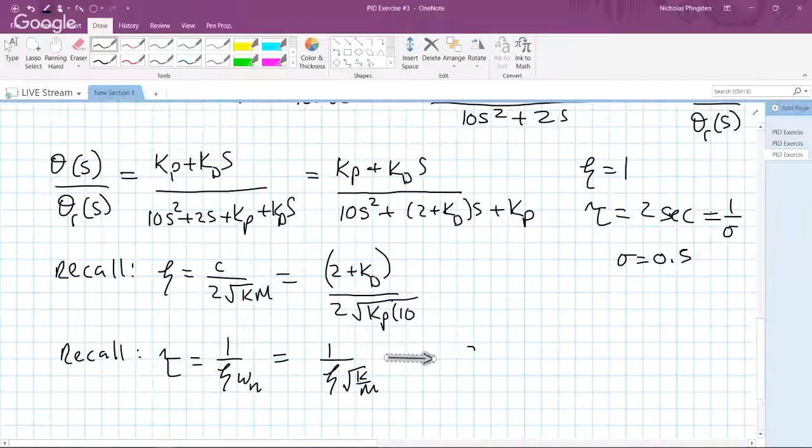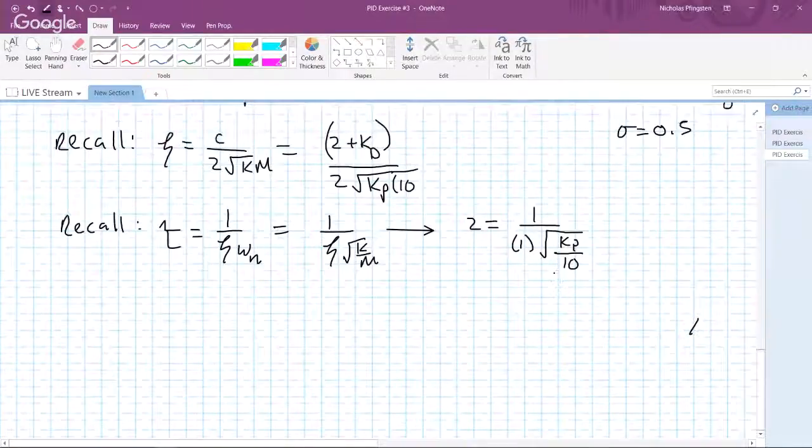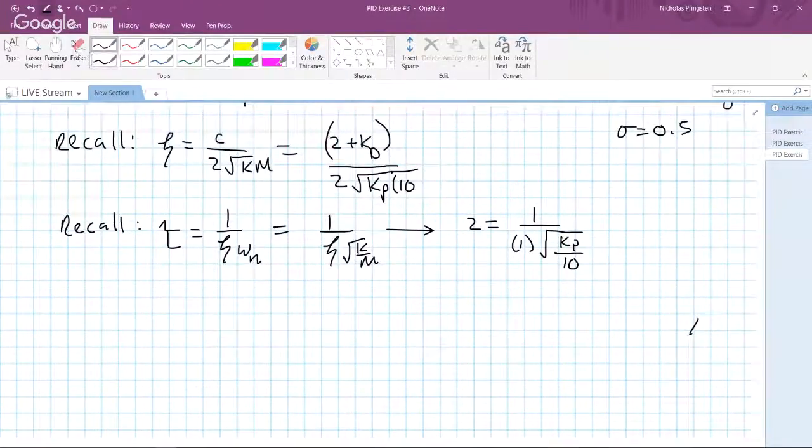So we have 2 equal 1 over square root of kp all over 10. So we can figure out what kp is.